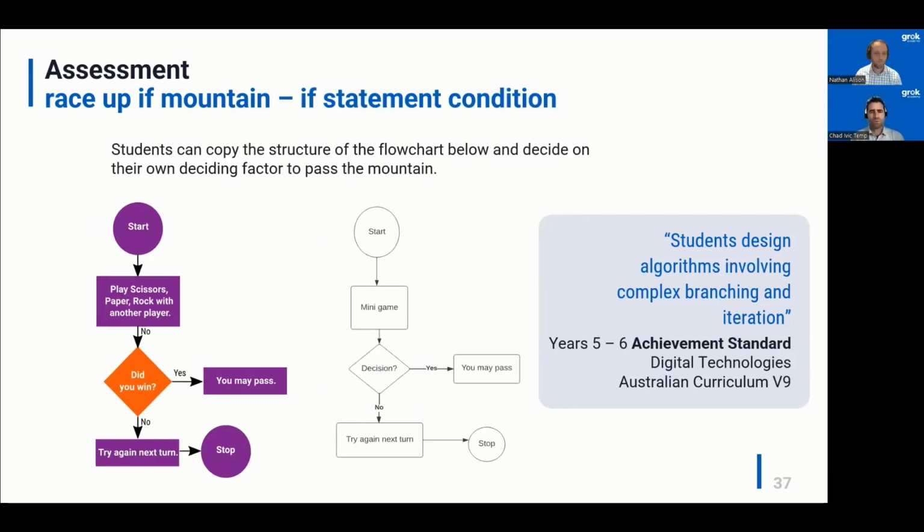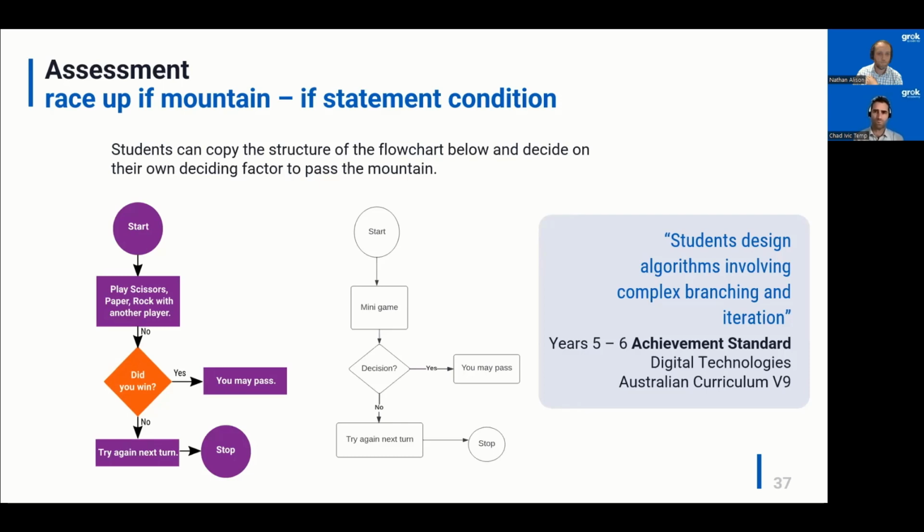Something you could do if you're asking students to design their own algorithms is a little template like this, and then they could decide on the mini game that they want to put in there, and then a decision, and then possibly the next one that they design could have the complex branching as well.